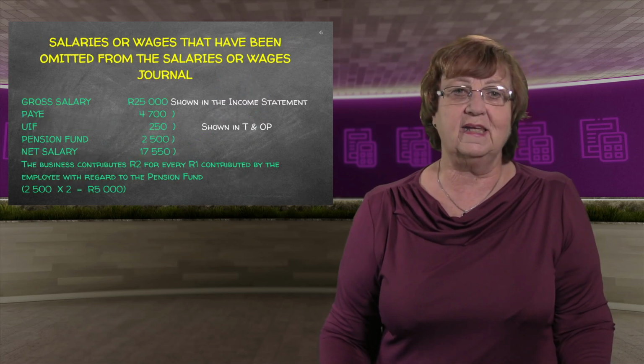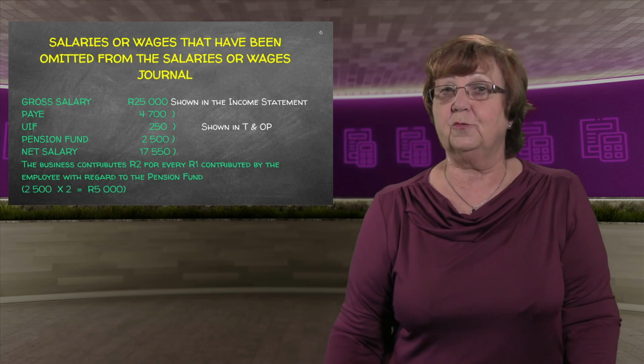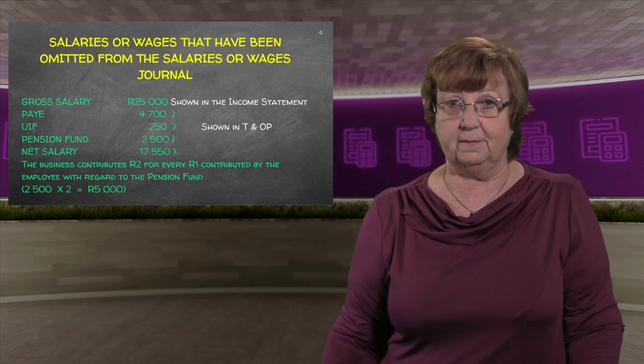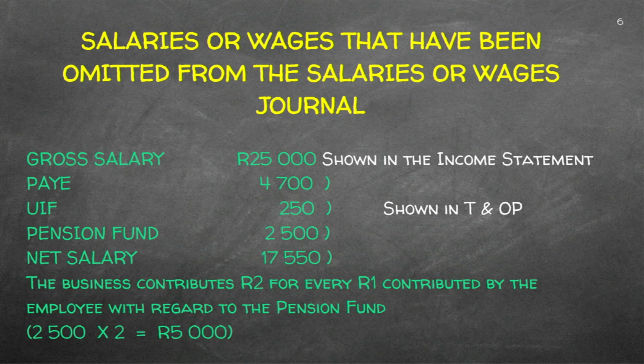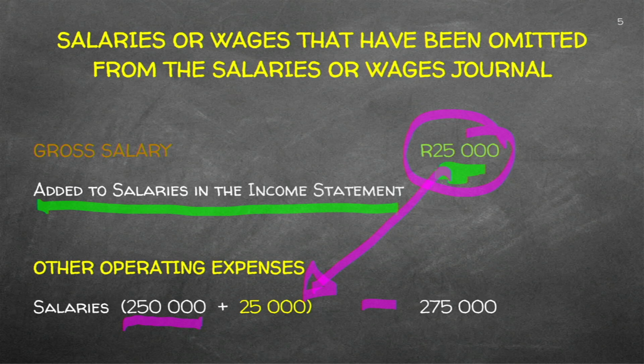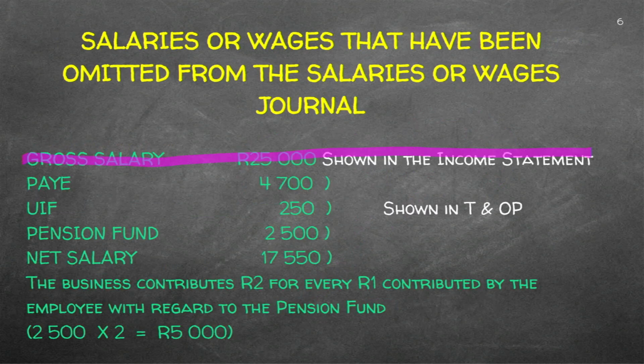Now, let's have a look at what we're going to do with the rest of it. So we've said gross salary shown in the income statement. So I can almost delete that because I've handled it. Let's have a look. Can you see I've handled it in the income statement? There I've got my income statement. So let's go back to what we're going to show in our trade and other payable note.